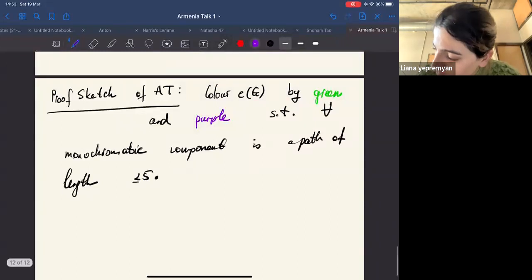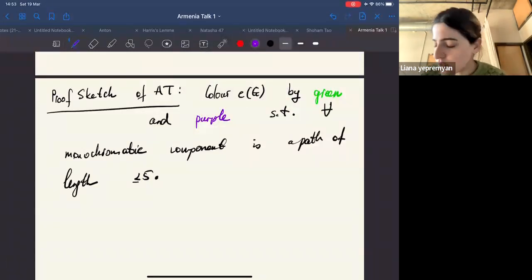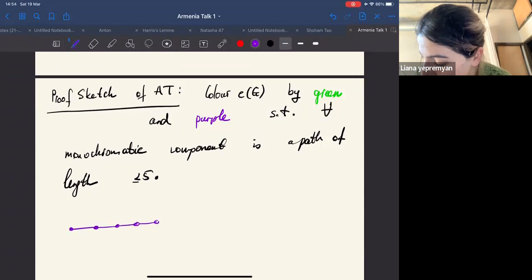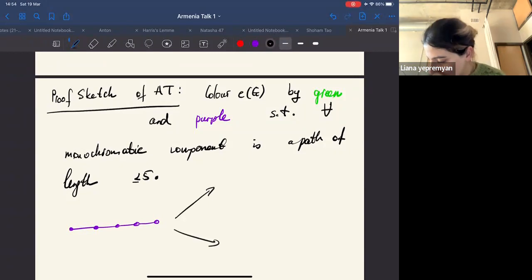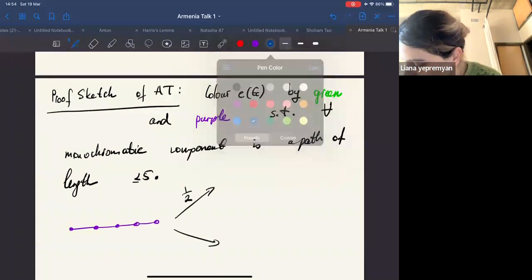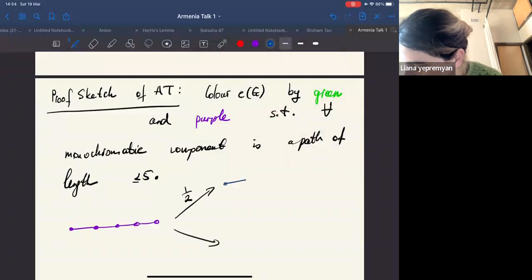And now I have this path, right? I have a green or purple path, and let's suppose I have a purple path. What I'm going to do is toss a coin, and with probability 1/2, I'm going to color it as follows: red, then blue, then red, then blue, and so on.